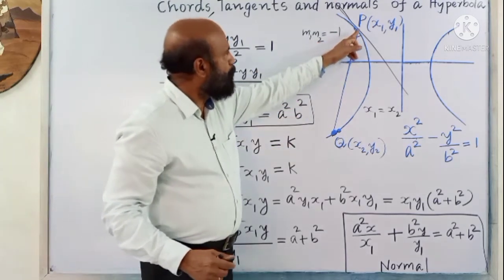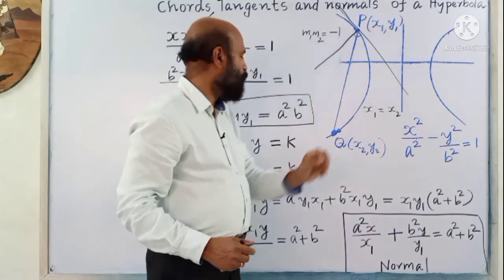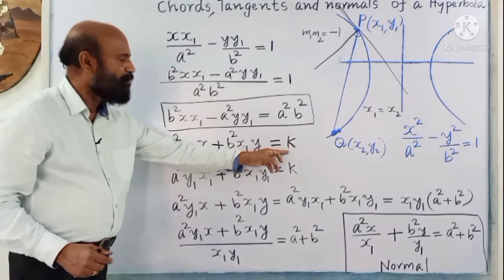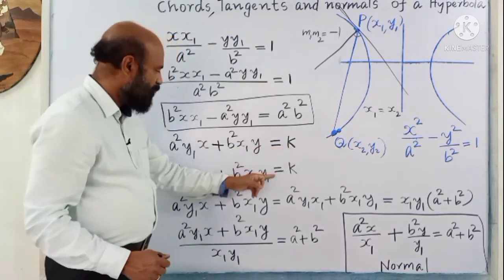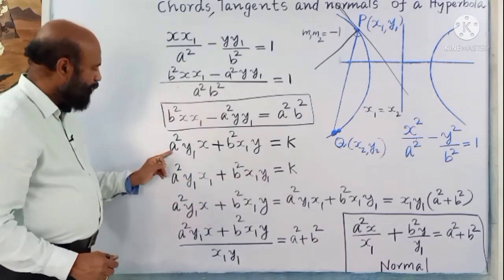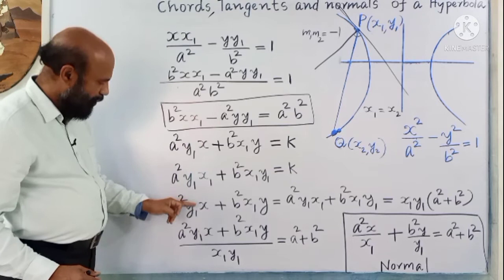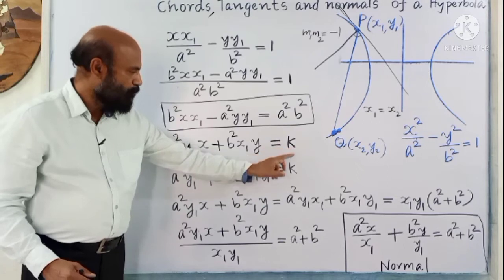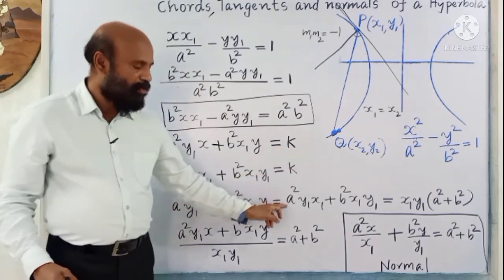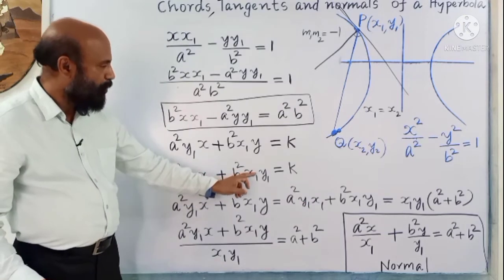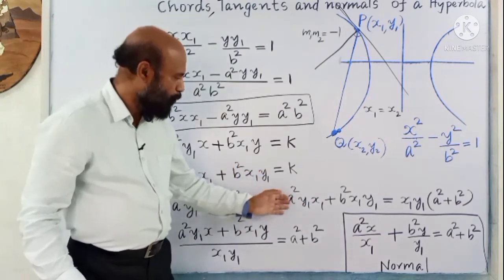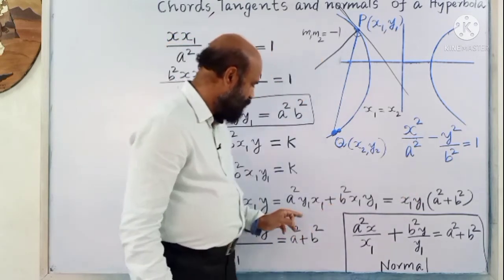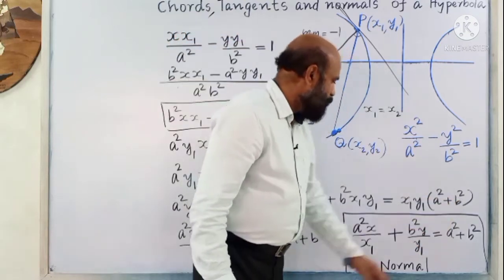Now the normal also passes through the point x1 comma y1. So for this x we can write x1, for this y we can write y1, so you can get the constant. Then for this k you can substitute: a square y1 x plus b square x1 y is equal to k. For this k we can substitute a square y1 x1 plus b square x1 y1. So in this you can see x1 y1 is common, so you can take that outside. Then a square plus b square.